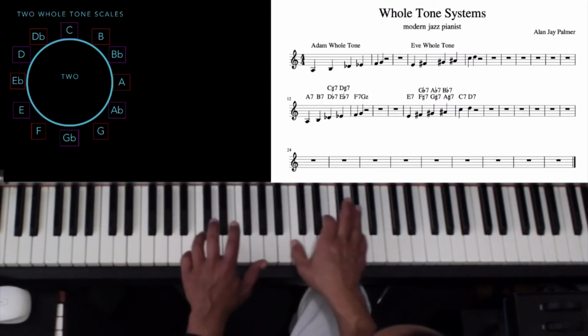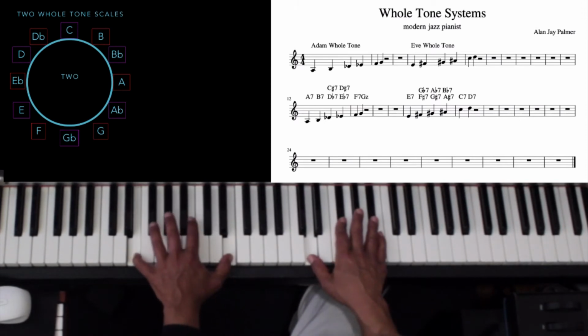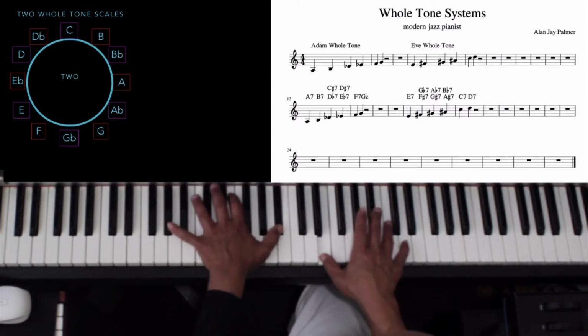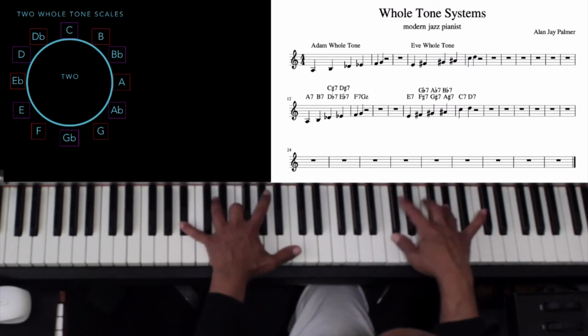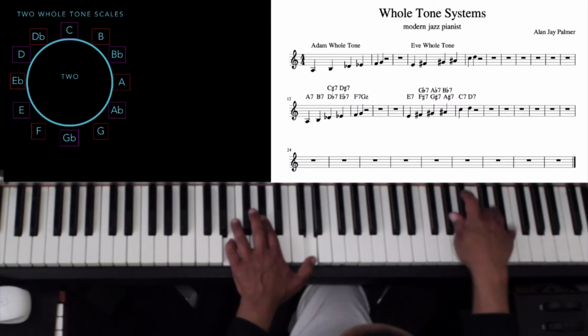And so if you go up to Eve, you got the other series, right? So you got E7, F sharp 7, B flat, C7, D7, and then E7.